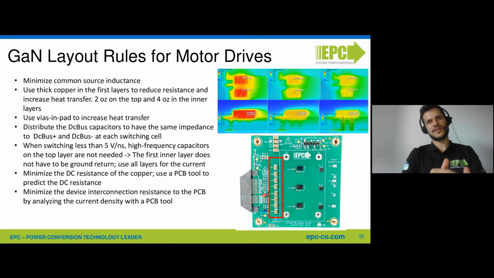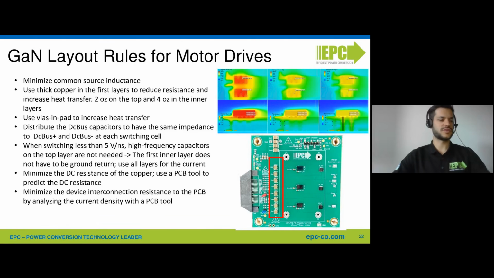But the thermal resistance on the top side of the device is excellent, which is why they are very good for top side cooling.